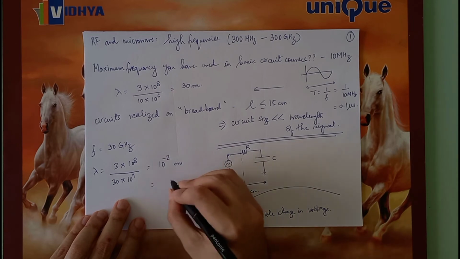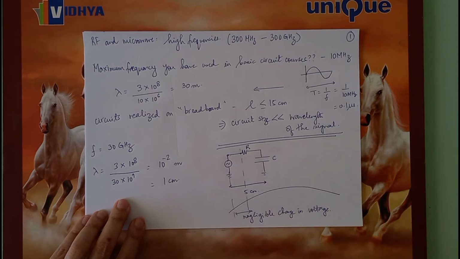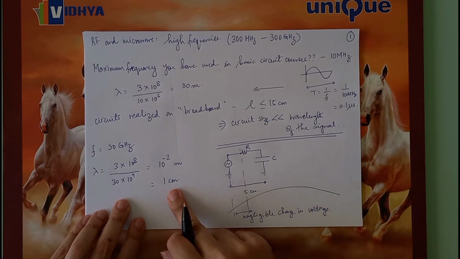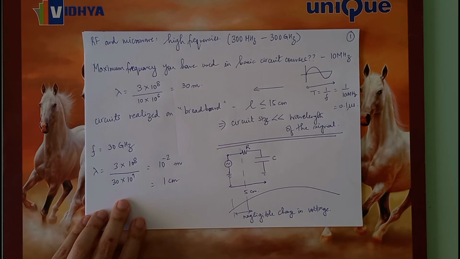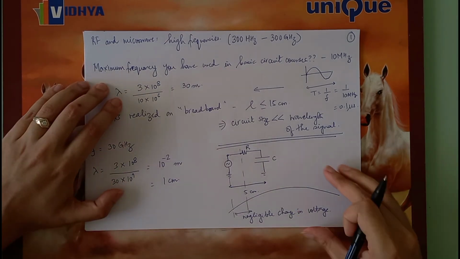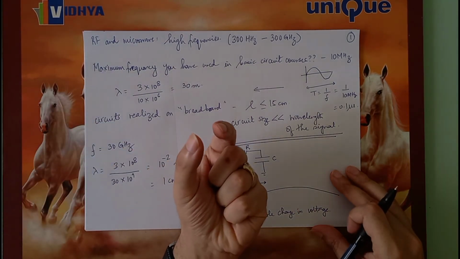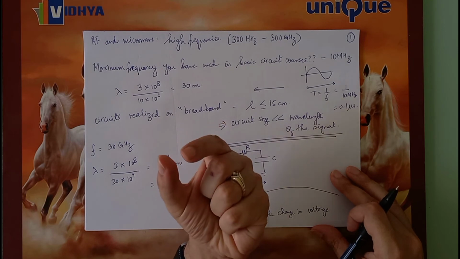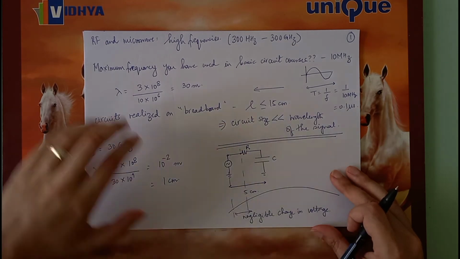That's like saying this is about 1 centimeter. Is this correct? Yes, looks to be. Now, 1 centimeter is about this small, or even smaller than this, what I'm showing you.